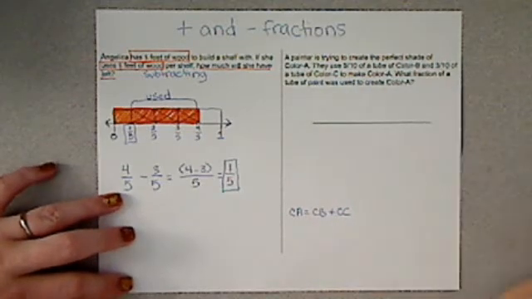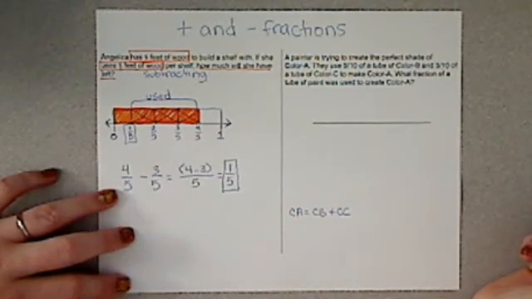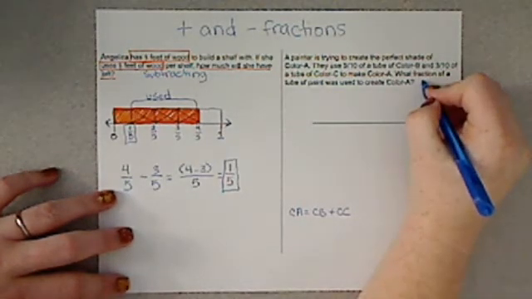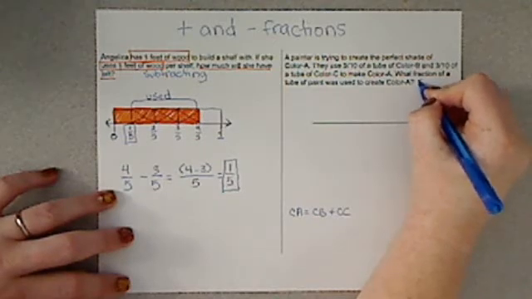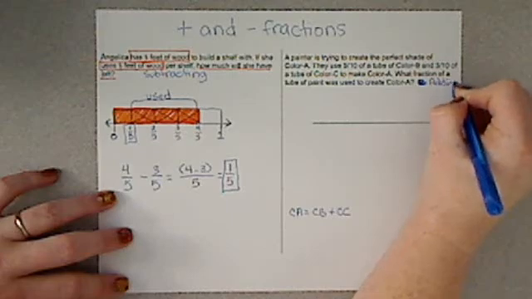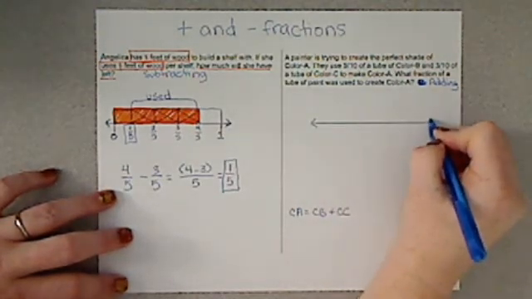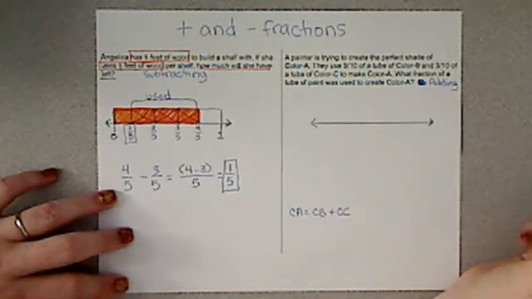Okay, I want you to take a couple of seconds and think to yourself, what operation are we going to be doing, adding or subtracting? If you said adding, you are correct. So I'm going to start by drawing my number line / fraction model.